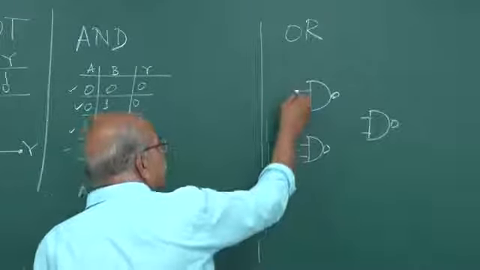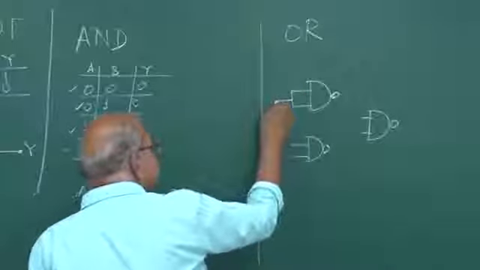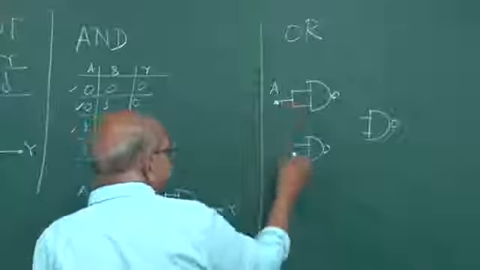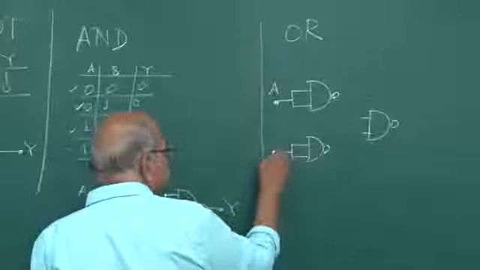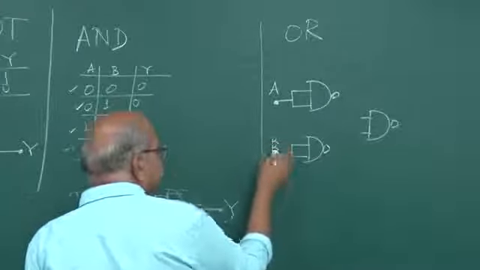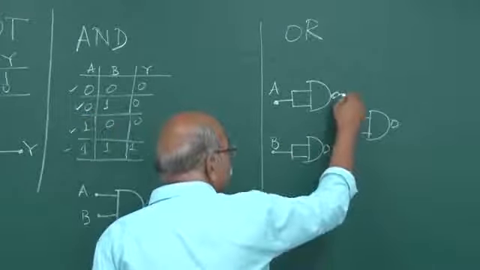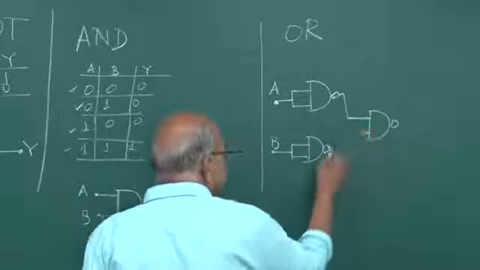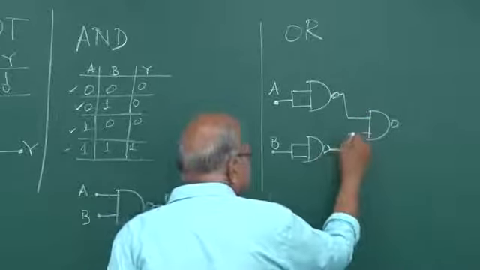The first input I am giving here, this is the first input A, and this is that second input B, and the output of this goes as one input here, and output of this goes as one input here.